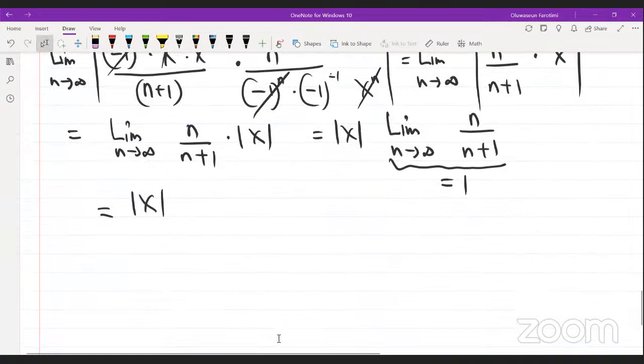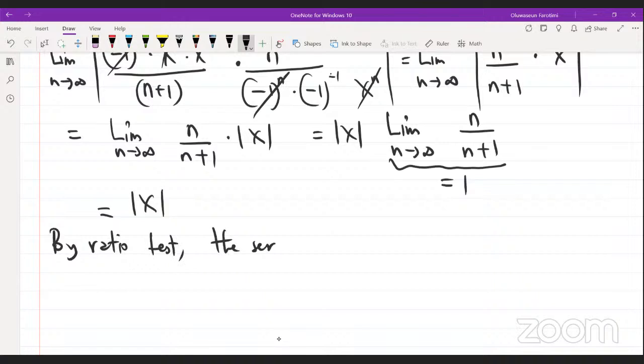But now with the conditions of the ratio test, you only have 3 things. Either the limit is less than 1, greater than 1, or equal to 1. But this is the absolute value of x. So what do I do? So we then say by the ratio test, the series converges. Of course, you either say converges or converges absolutely.